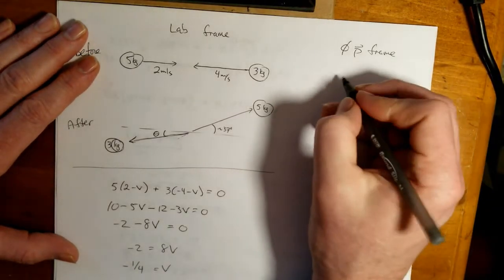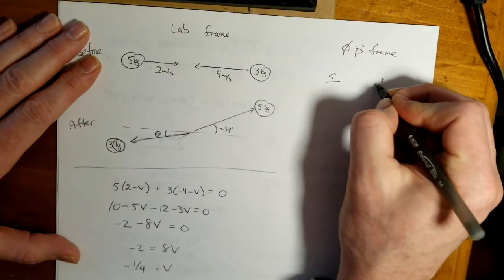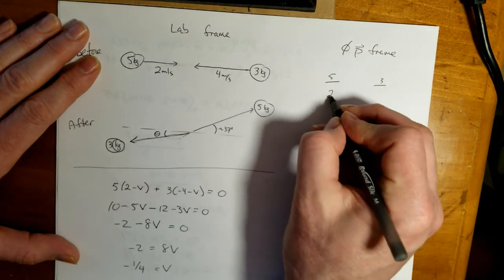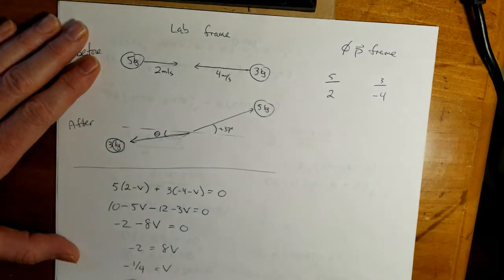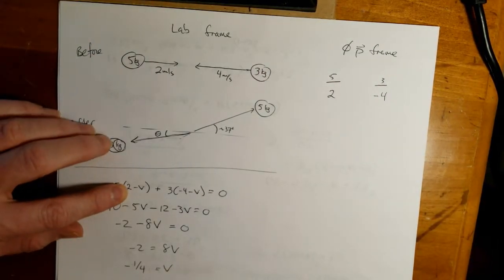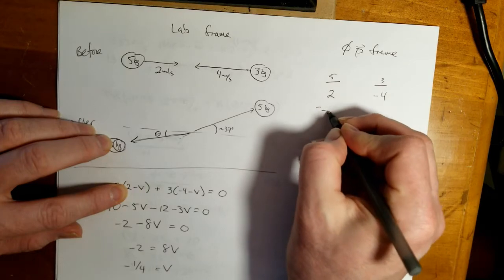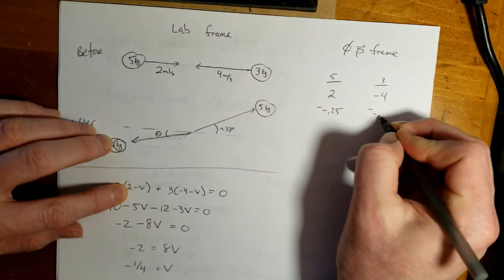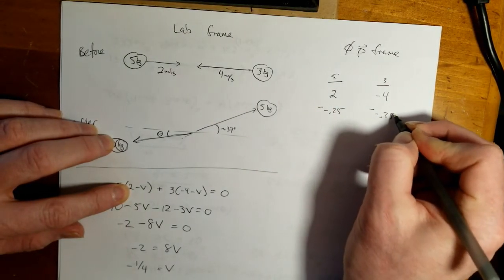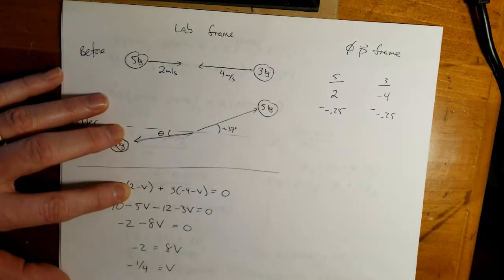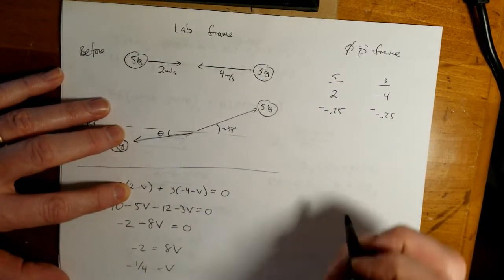And so to shift the frames, this is my 5 kilogram mass and my 3 kilogram mass. I start out at 2 and negative 4. I subtracted this value to get there, so I subtract negative 0.25, and for those who suddenly had a brain burp, 1/4 is 0.25.